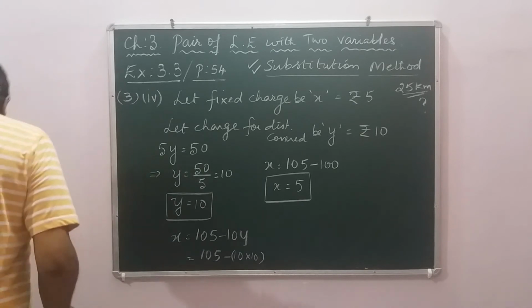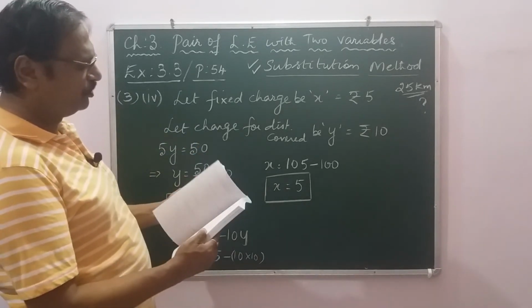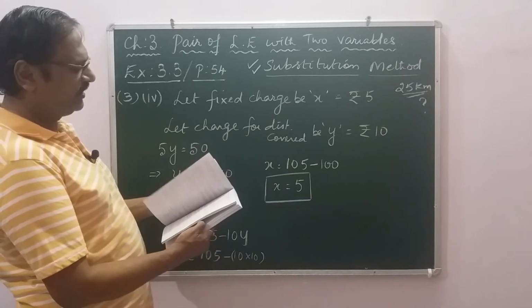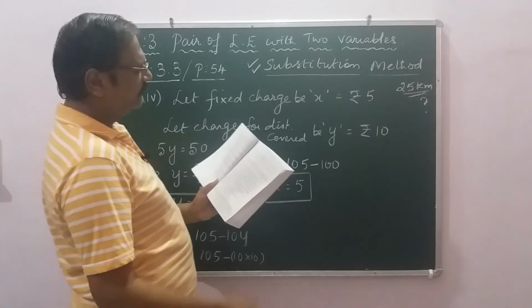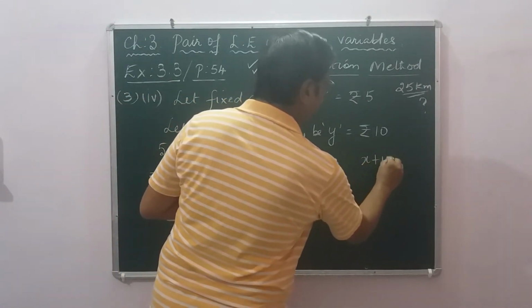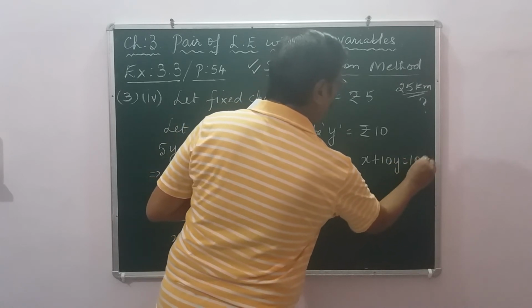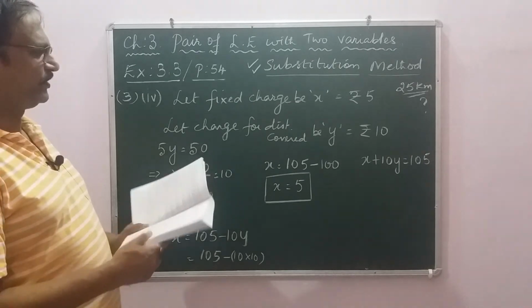Okay, we have taken the first equation. Let me again go back to page number 54. We formed the equation, right? The first equation was x plus 10y is equal to 105. This was our first equation.